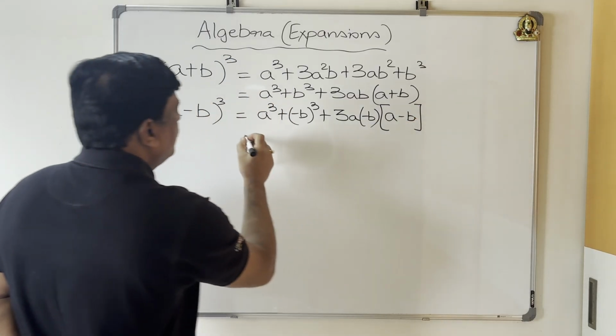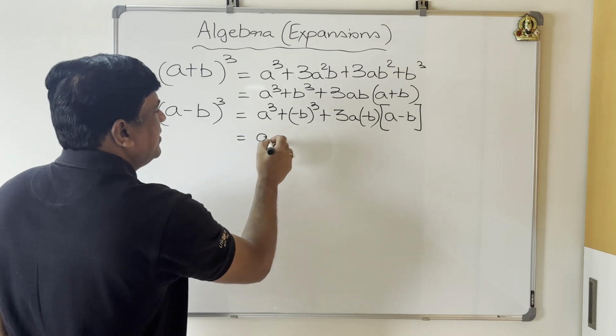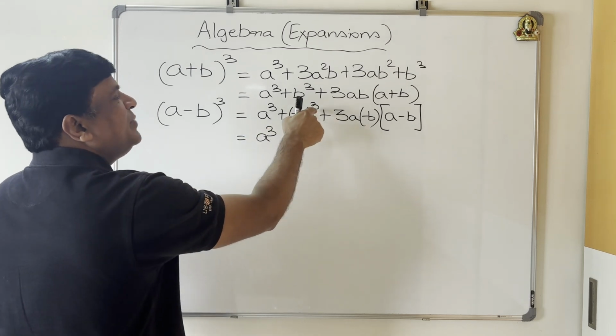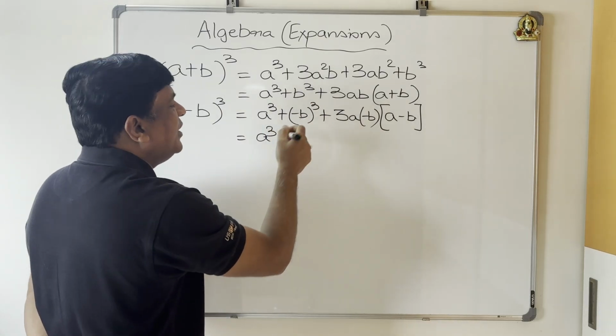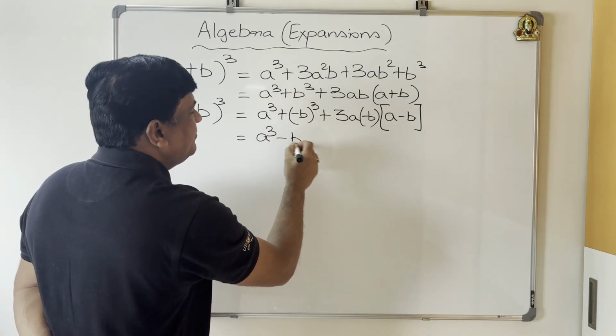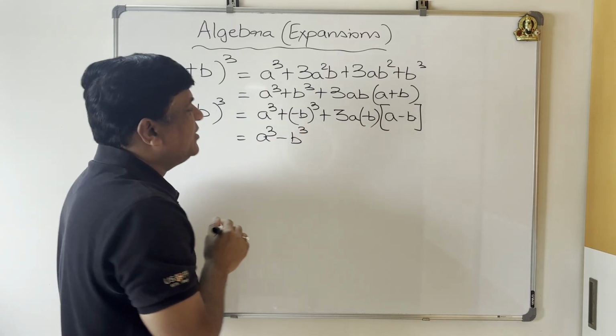Look at it. So if you open up, what do you get? a³ minus b³, since minus is multiplied 3 times, so it becomes a minus. So this becomes a³ - b³. Okay.